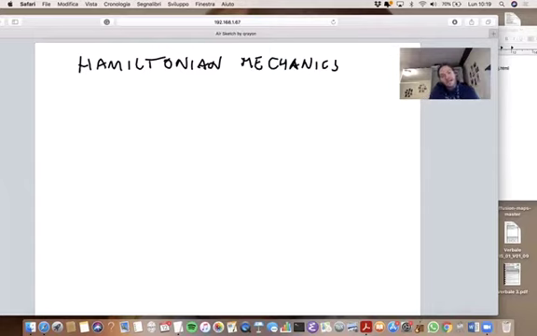And like we discussed several times over the last few lectures, the reason for taking the pain of doing this work is twofold. On the one hand, it helps us revisit some concepts of classical mechanics from a slightly different perspective.